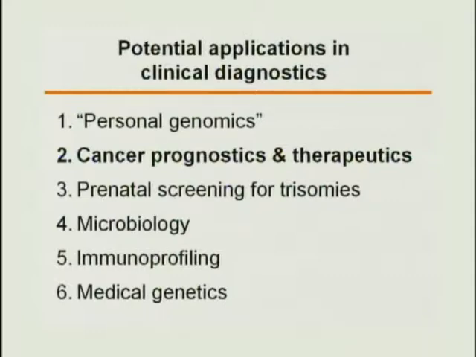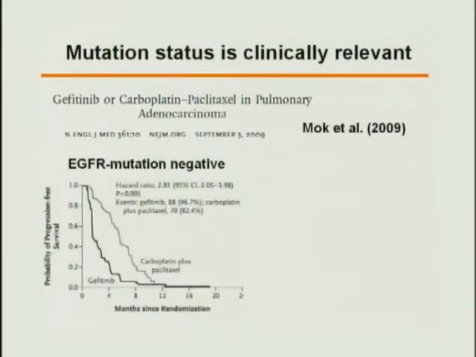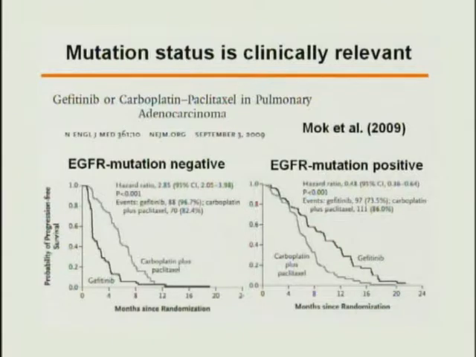So one is cancer genomics. In contrast with much of what has been learned from studying germline variation, for mutation status there are some clear examples where it's clinically relevant. For example, this is a paper from a couple weeks ago in the New England Journal showing that therapy, whether you're using carboplatin, paclitaxel, or gefitinib, is or should be informed by your EGFR mutation status.